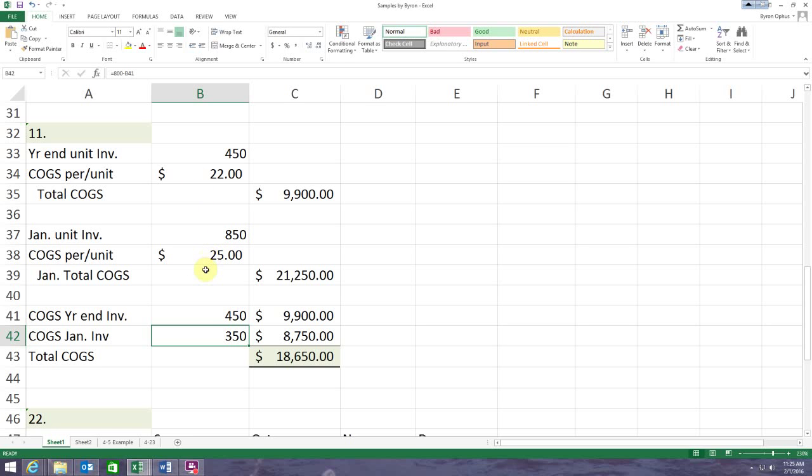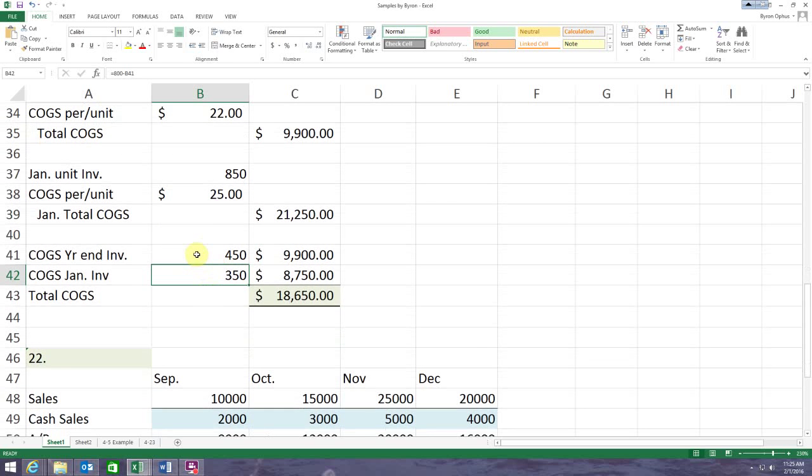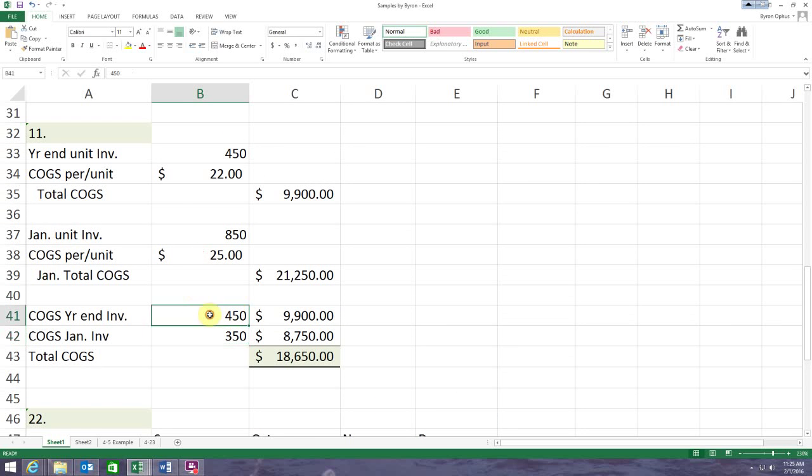Remember, you guys are last in, first out, okay? Meaning that if I was doing last in, first out, and I've sold 800, I wouldn't even sell all of January, so I'd sell all 800 at 25. Okay, but I got my 450 that I made there, and I've already done that math, and it's the same math, right? So I just said it's equal to that.